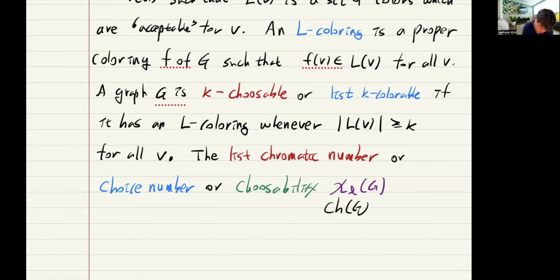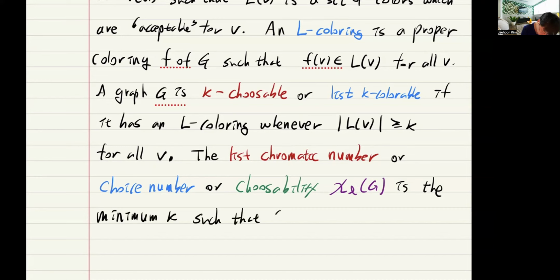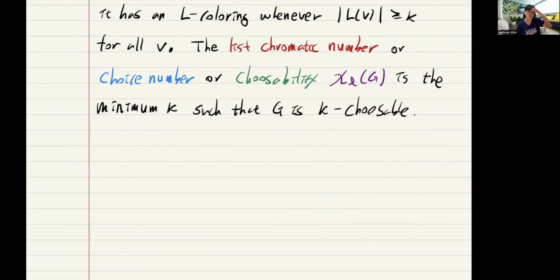But let's use the list chromatic number notation. This is the minimum k such that G is k-choosable. So we define this new parameter, the list chromatic number.